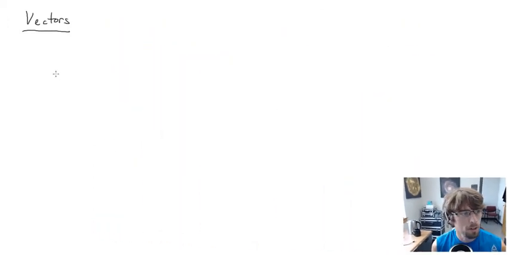The first thing we need to talk about is, well, what is a vector? From a graphical standpoint, a vector is a quantity that gives you both what we call a magnitude, so a value, a number of some sort, but also a direction. And how we do this graphically is we represent a vector with an arrow.